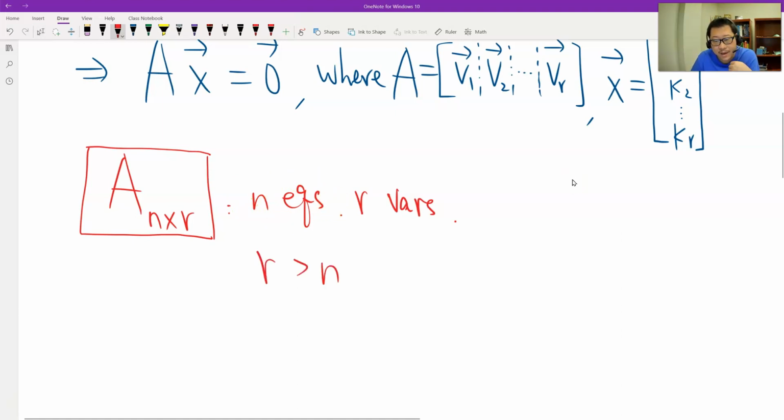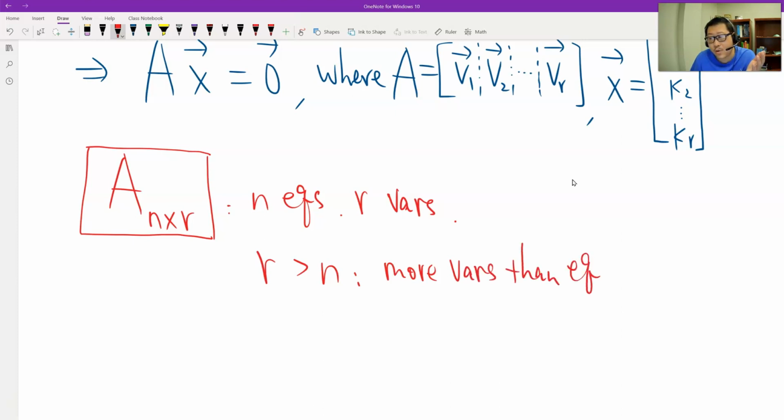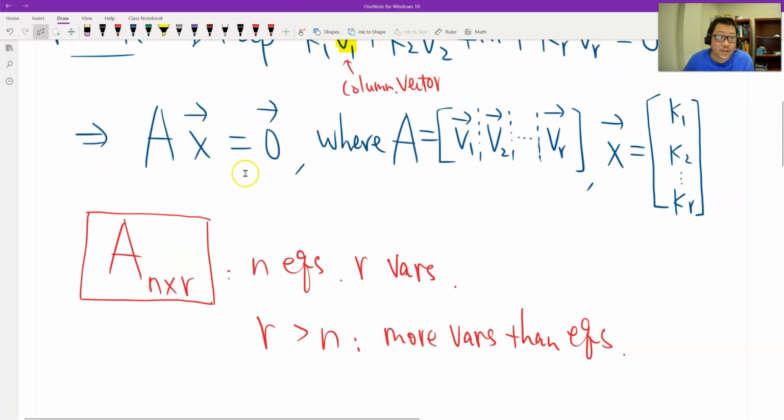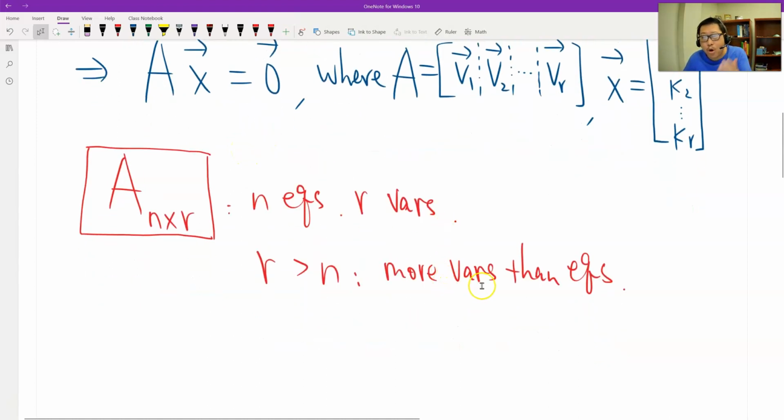R greater than n means more variables than equations, right? The number of variables is greater than the number of equations. Because this system is a homogeneous system, it is always consistent, and we have more variables than equations. Therefore we know a free variable exists, definitely.